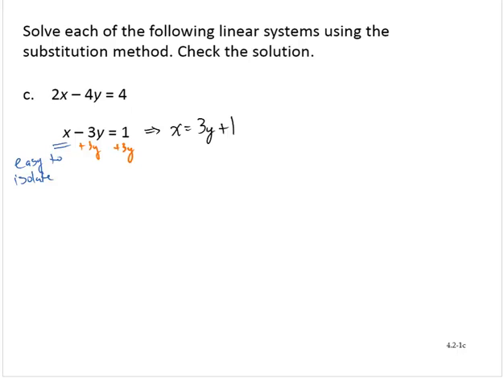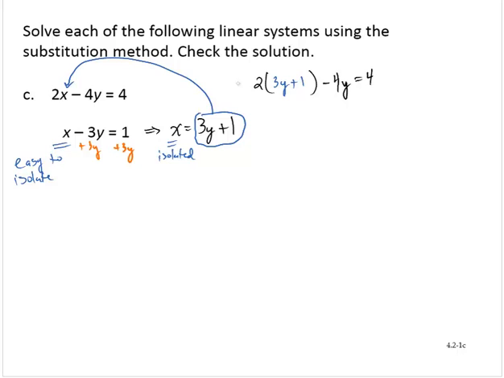So now the x variable is isolated, and I will use the 3y plus 1 to substitute for x in the other equation, yielding 2 times x minus 4y equals 4, and I'm replacing the x with 3y plus 1.